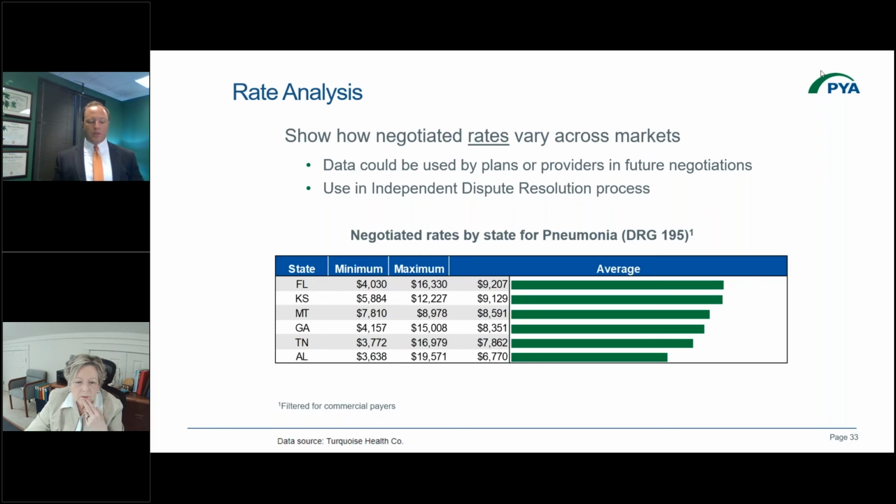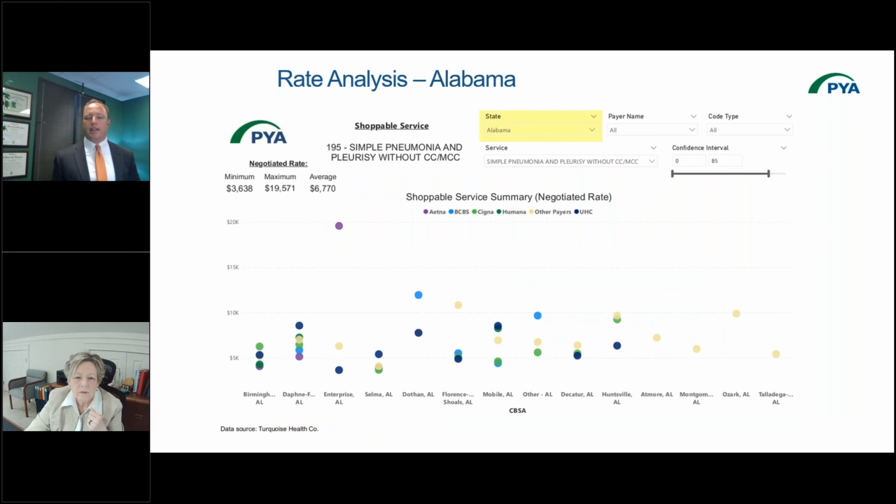In the subsequent slides, we're going to drill into those averages by state. We've shown, by payer, the average negotiated rate within each core-based statistical area. So here for Alabama, for example, we have Birmingham, Enterprise, Selma, Dothan, etc. What we can see is Aetna is purple, Blue Cross.